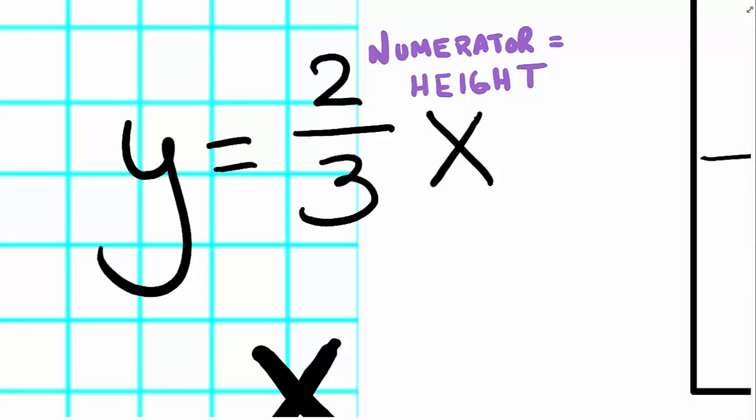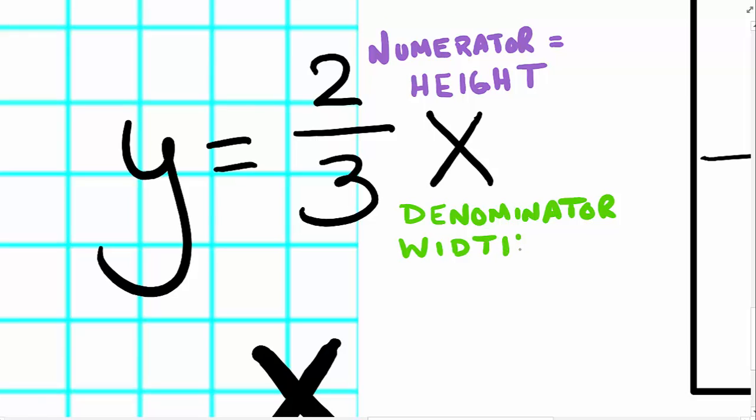The denominator, on the other hand, that's going to represent the width of our stair. So right away, we can identify as a class that the width is going to be a little bit bigger than the height of the stair.